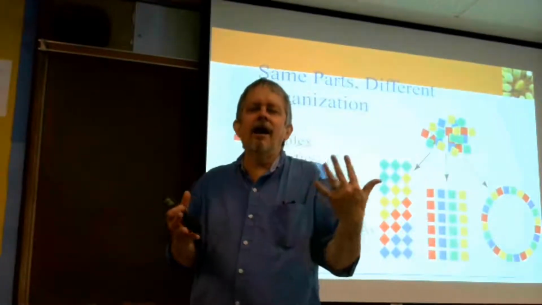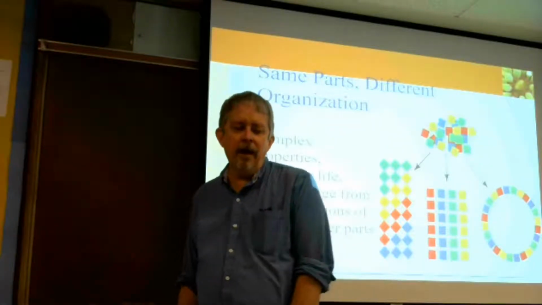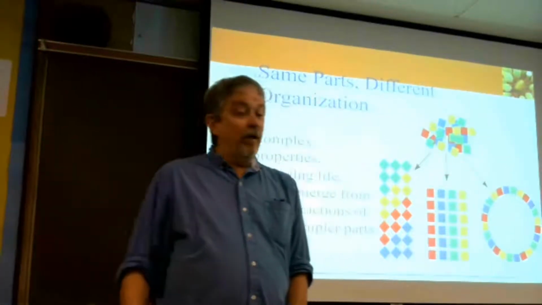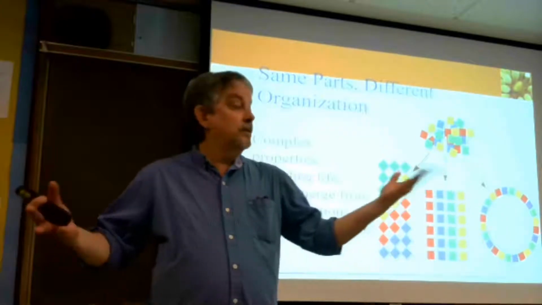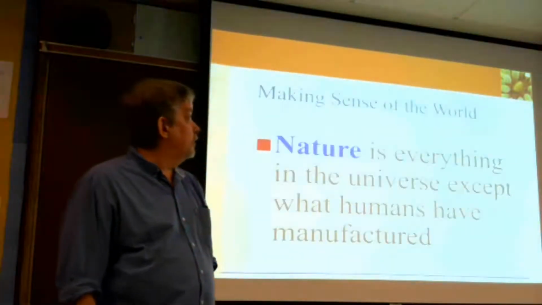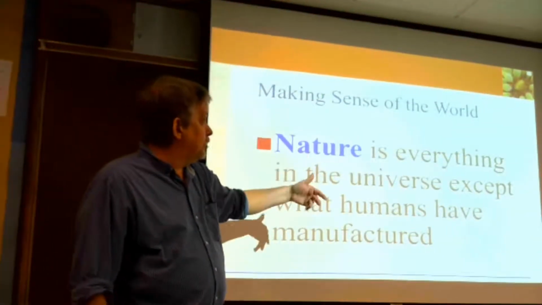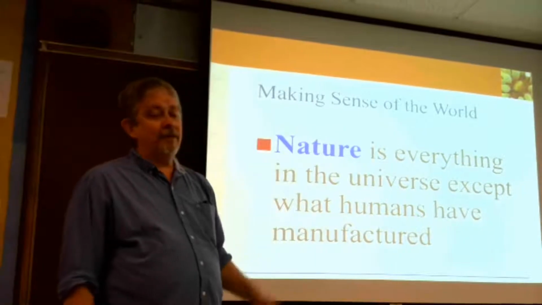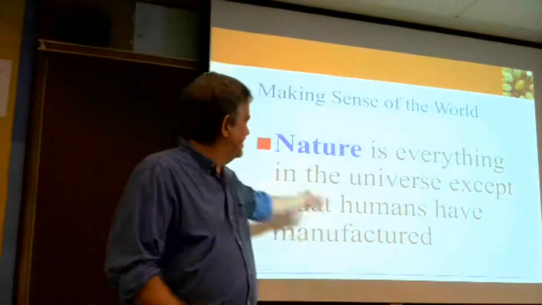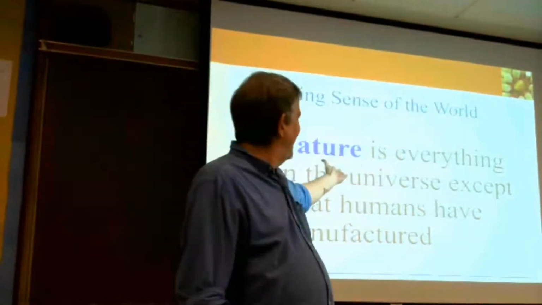Science has not explained how that happens, but we are made of the same things of this earth. So nature is everything in the universe except for what humans have manufactured. That's an excellent test question, I think.